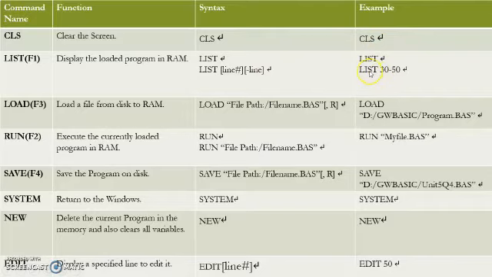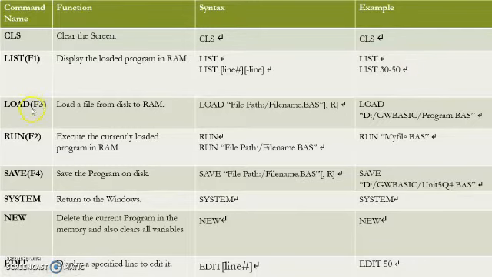We will type the LIST command, then give a space, and then type the specific lines that we want to display. Here, for example, it is line number 30 to 50, means starting from line number 30 till line number 50, the block of code will be displayed from the currently loaded program on our screen. As it is used as a command, the Enter key is required over here.